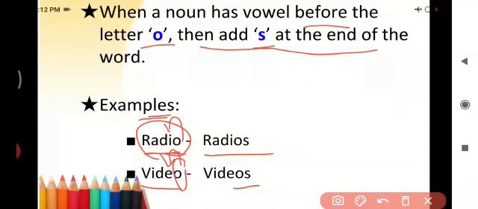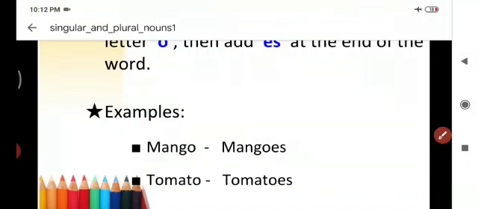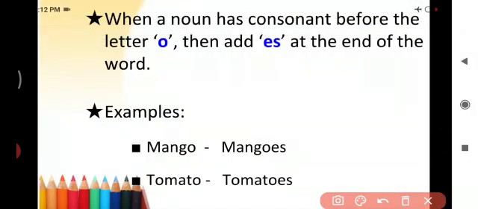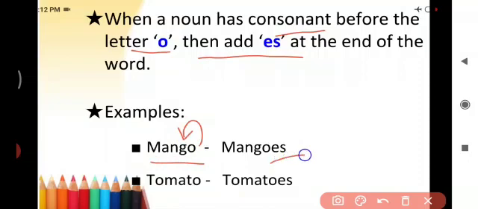Okay, children. So the next rule is when a noun has a consonant before letter o, then we need to add es at the end of the word, similar to the previous rule. But here when a noun ends with the letter o, and before o it is a consonant, we need to add es.